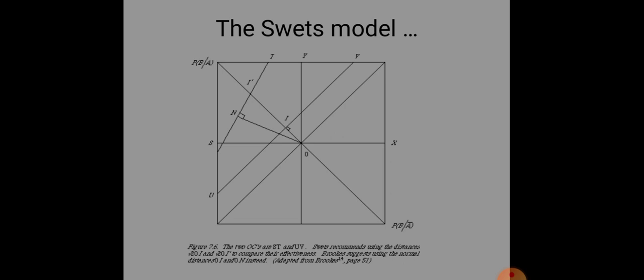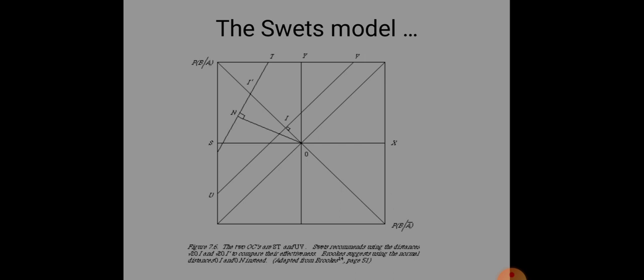This is the operating curve for a particular point, F lambda, R lambda. For a fallout and a recall, Swets has implemented this OC curve. Here two OCs are there, UV and ST. You can see one line from the origin O. We need to find the distance from O to UV or ST in order to find the effectiveness.